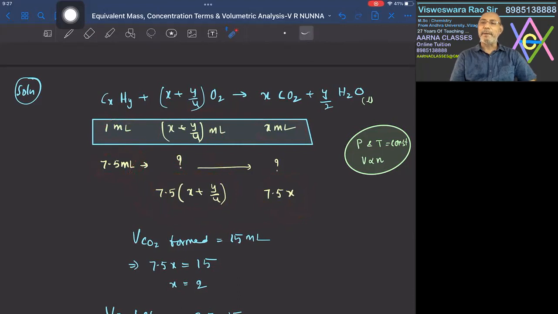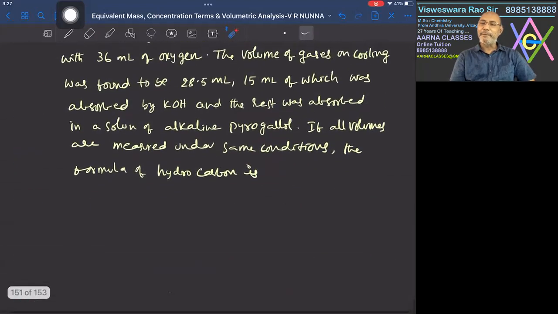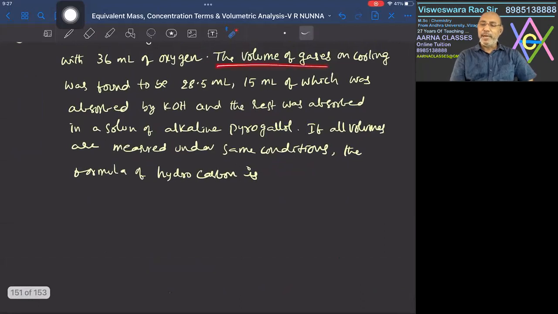7.5x of carbon dioxide. But the problem itself says the volume of gases on cooling was found to be 28.5 ml. That means the remaining oxygen and formed carbon dioxide together are 28.5 ml after the reaction, 15 ml of which is absorbed by KOH, so 15 ml is carbon dioxide.